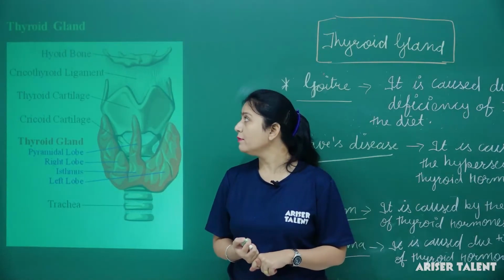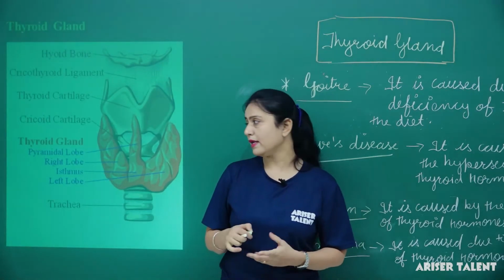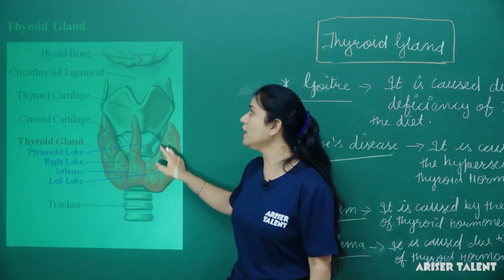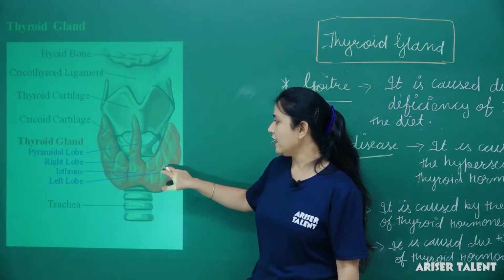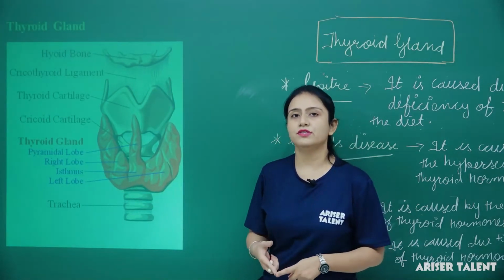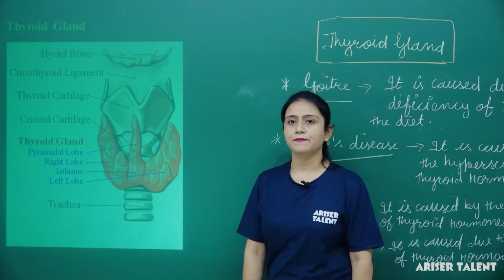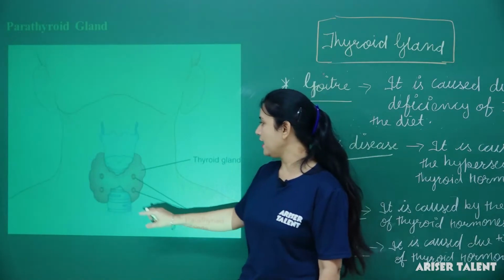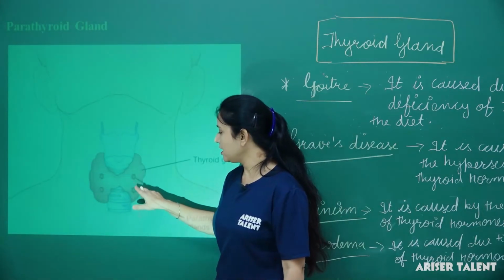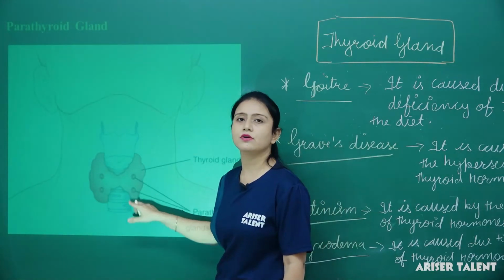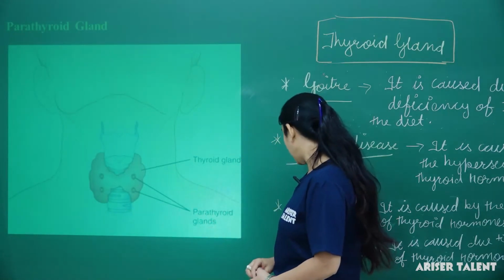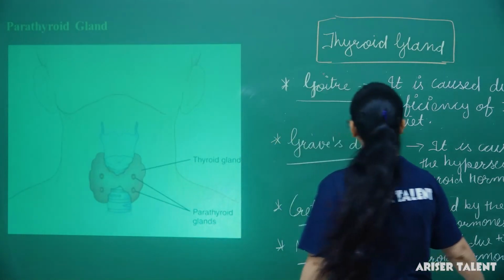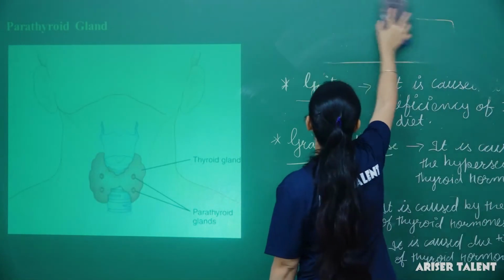Now we will talk about the parathyroid gland. Generally, the parathyroid glands are present in the thyroid gland only, on the posterior surface of the thyroid gland. Here we can see that this is the thyroid gland, and these 4 small structures are known as parathyroid glands.